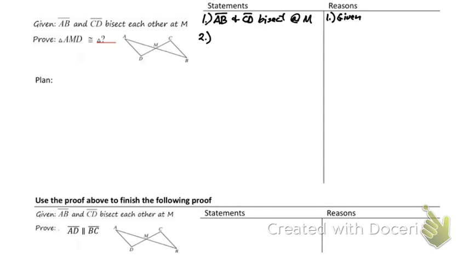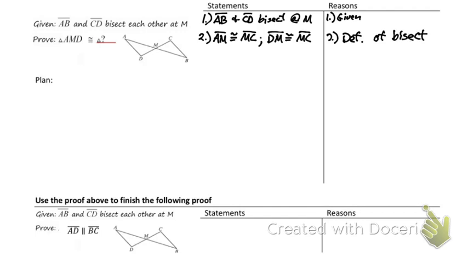So I'm going to go ahead and state that. DM is congruent to MC. And that is just the definition of bisector or bisect.